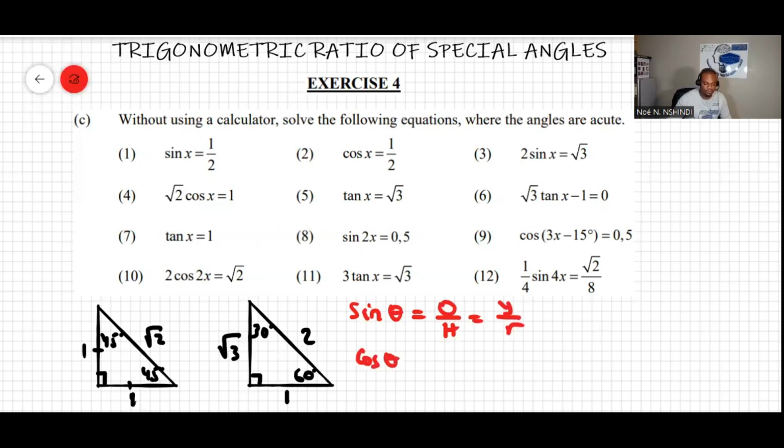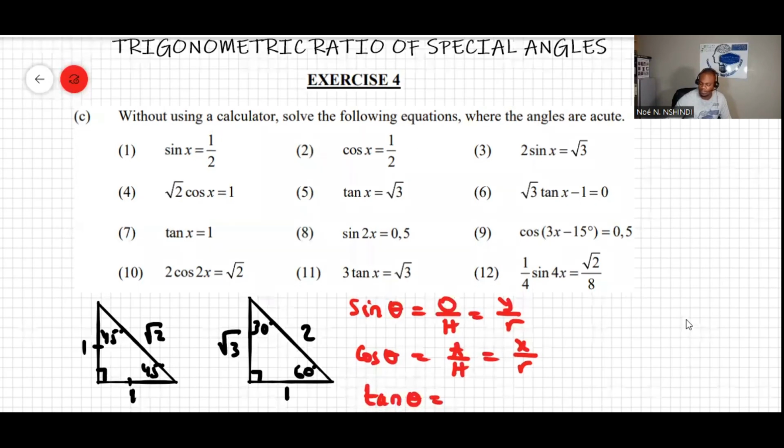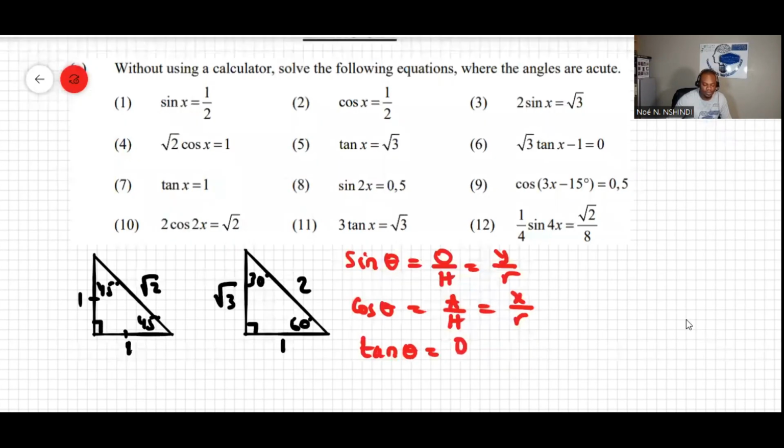Cos of the angle is adjacent over hypotenuse, sometimes written as x over r. And then we also have tan of the angle, which is given by opposite over adjacent, and sometimes written as y over x.